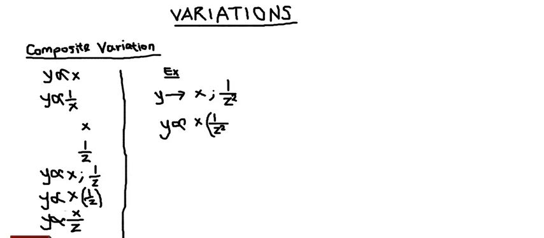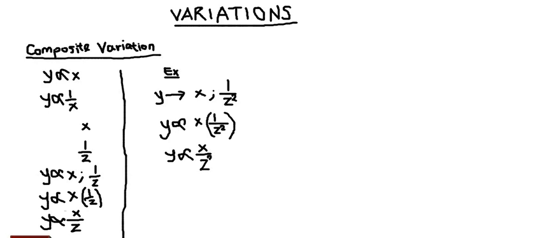So our notation will be like that, which we can simplify as y varies directly as x and inversely as the square of z.